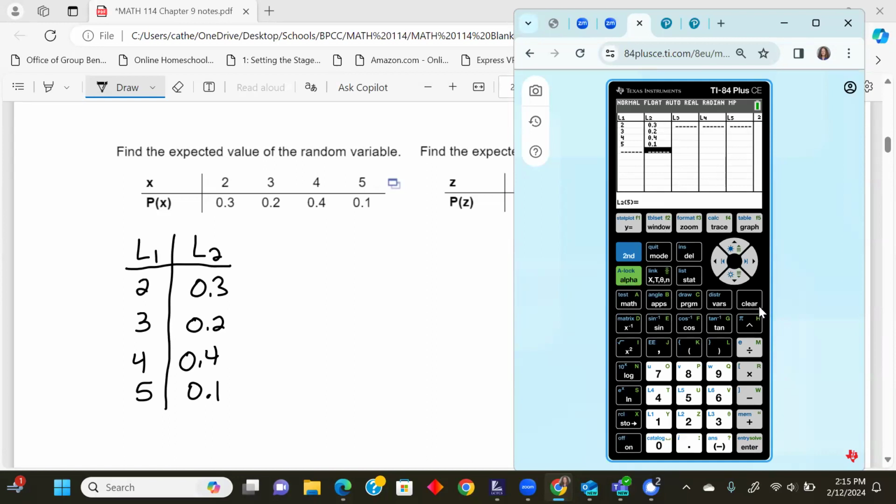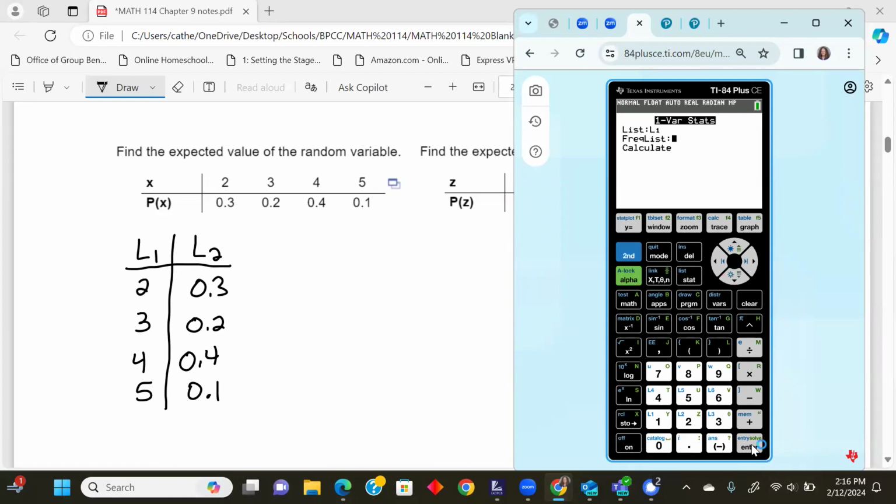When the probabilities go into L2, then you're going to hit stat. You're going to go over to calculate. And it's one var stats. It's one variable. We only have one variable, not 2. Don't be confused because we have 2 columns. Your list is L1.